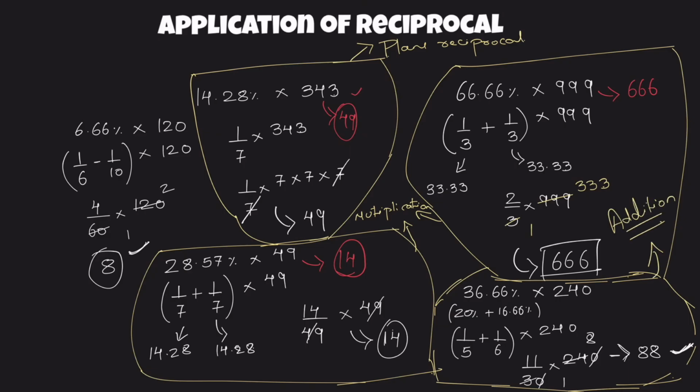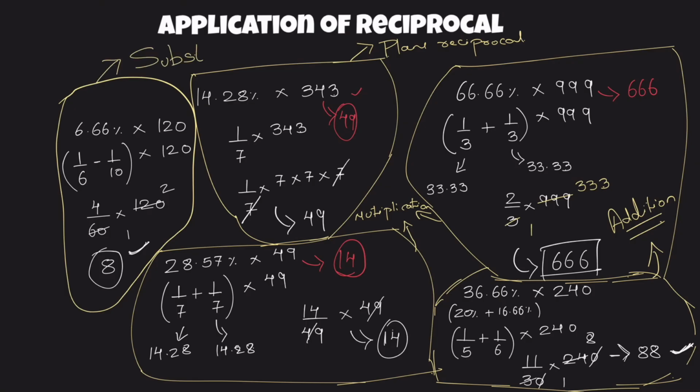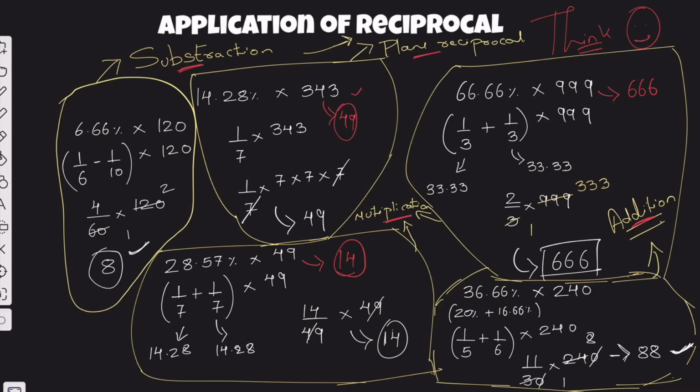Next, I saw addition of reciprocal, so 20% plus 16.66. And in the end, I saw subtraction of reciprocal. So you can get anything in the exam. Addition, subtraction, multiplication, division, plain, reciprocal, and that is where you have to think and get the answer quickly. So make sure you know your table well to solve such kind of problems of addition, subtraction, multiplication and your division.